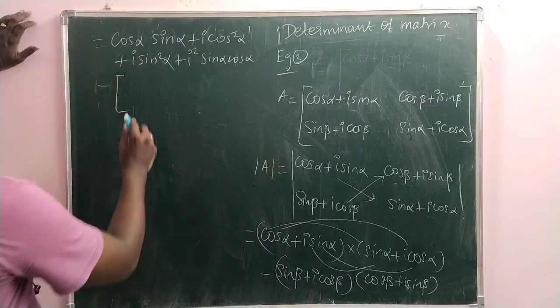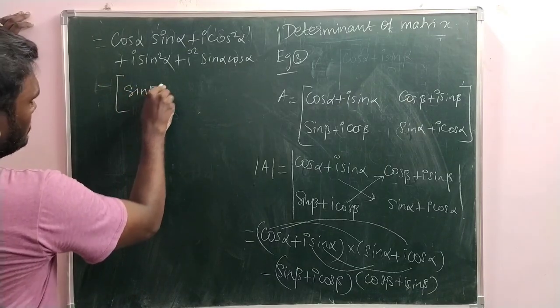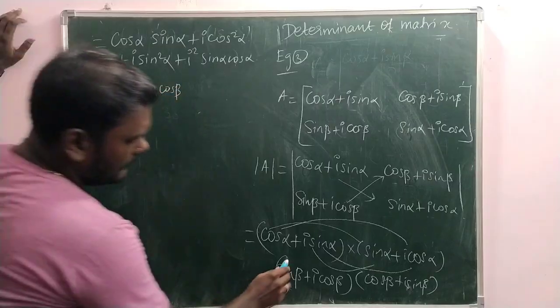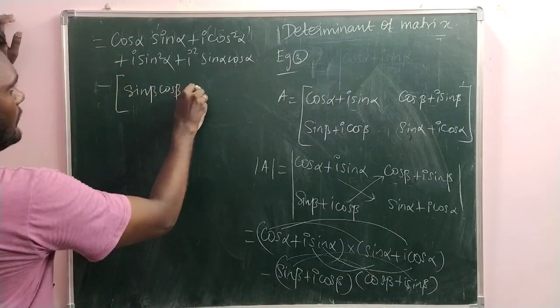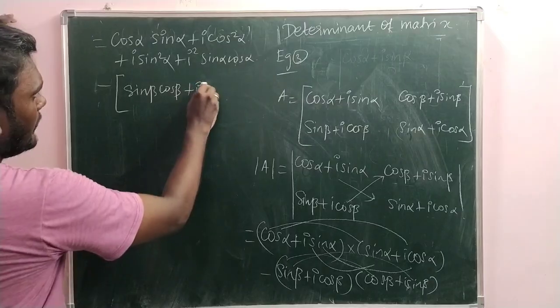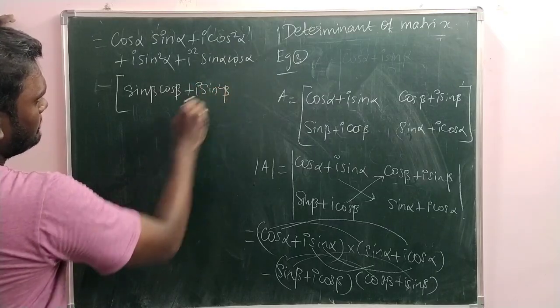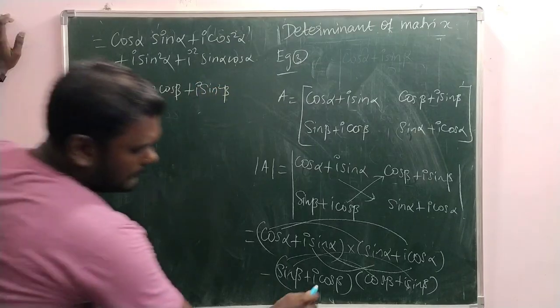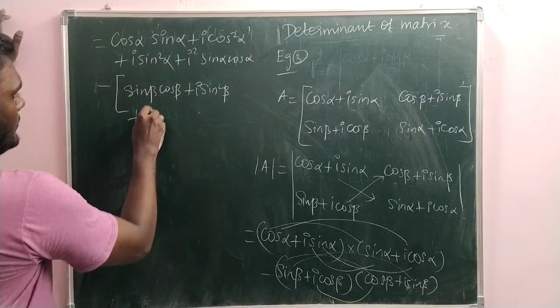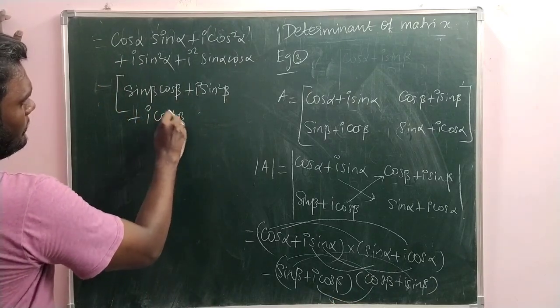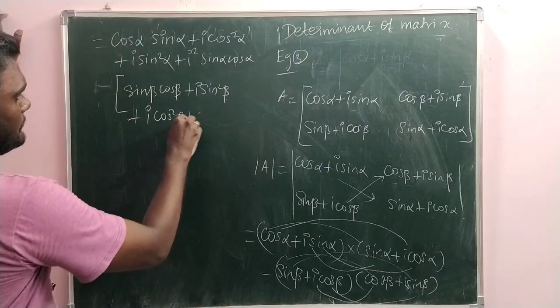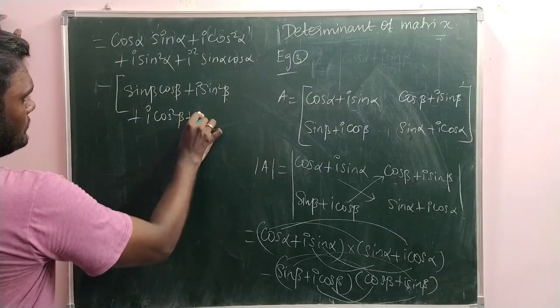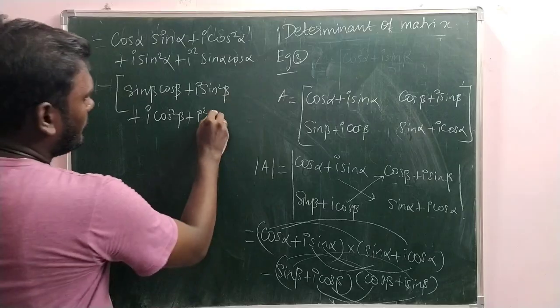Same thing will come but with a negative. So here sin beta cos beta, plus i sin square beta, plus i cos square beta, and i square cos beta sin beta.